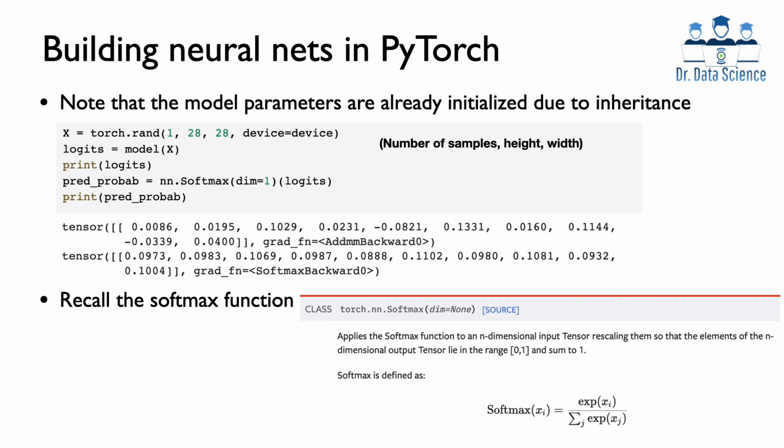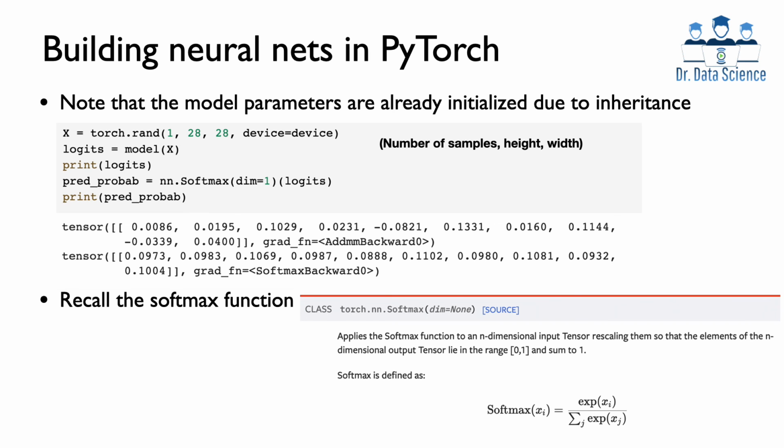And the way that we can convert a set of real valued numbers to a valid probability distribution, one of them is using this softmax function, where we take the exponential of each element and then we divide it by the sum of the exponentials of all elements. So this guarantees that each output is between 0 and 1 and the sum of the outputs is 1, which is basically from the three axioms of probability.